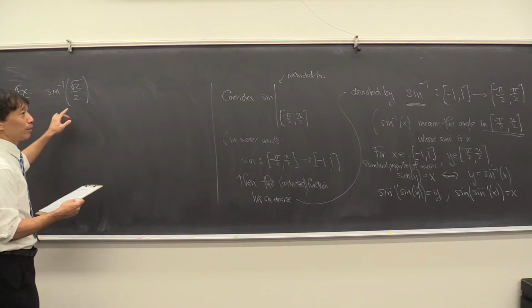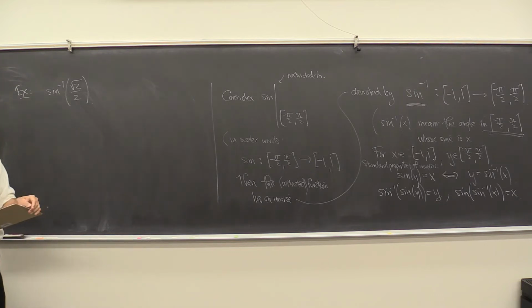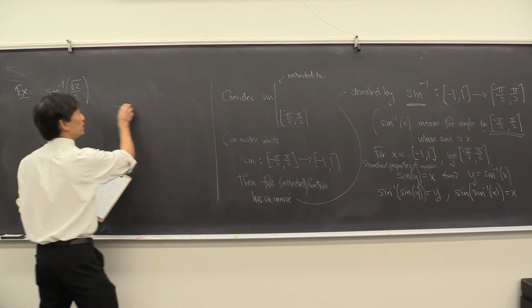Amy, we said pi over 4 and negative pi over 4? So there should only be one value, right? Because this is a function. The function's not going to have two values. So why do you say pi over 4 and negative pi over 4? We said pi over 4 because the sine of pi over 4 is square root of 2 over 2, and negative pi over 4 because that is also equal to square root of 2 over 2. So let's think for a second.